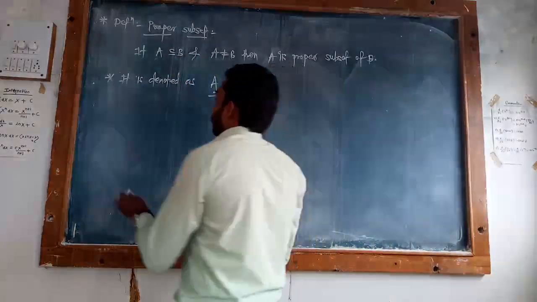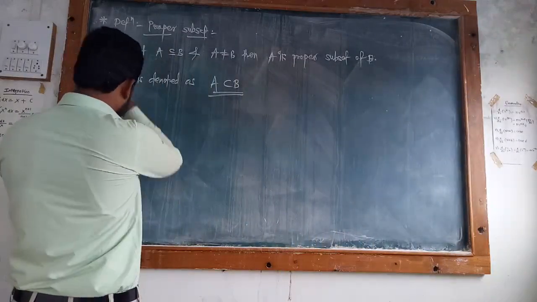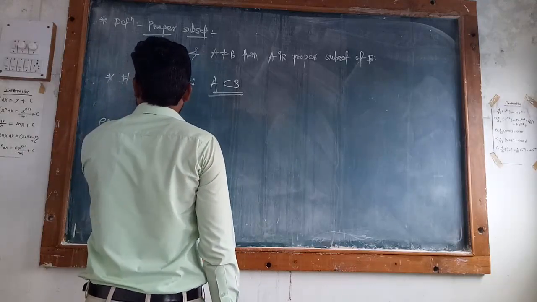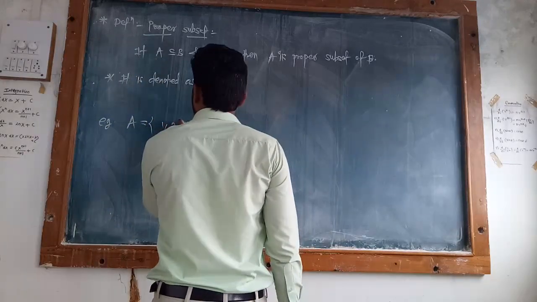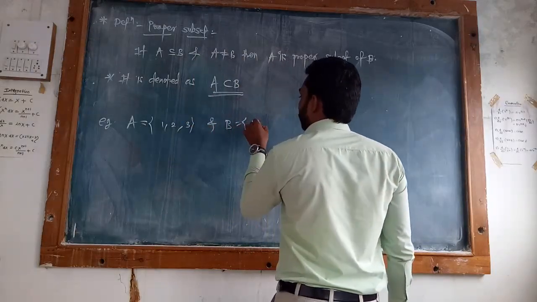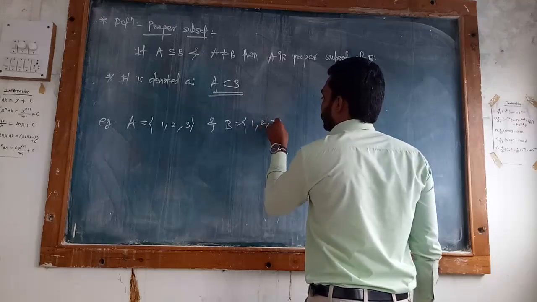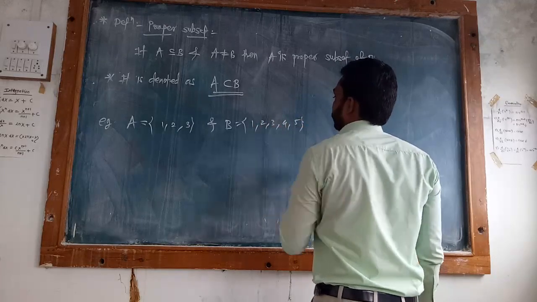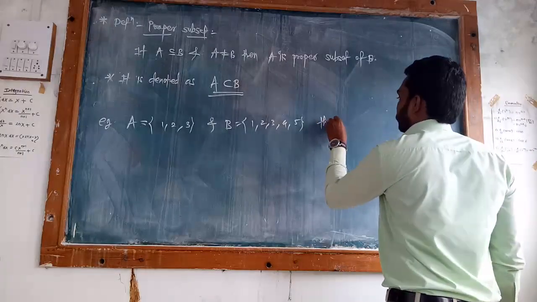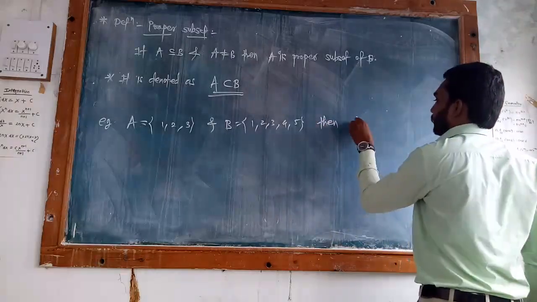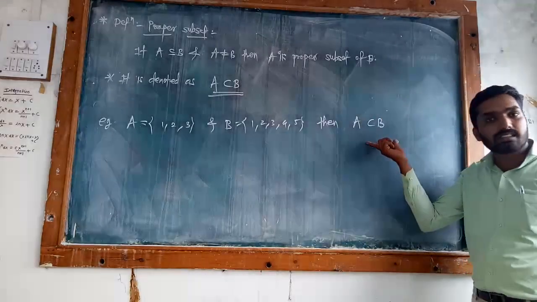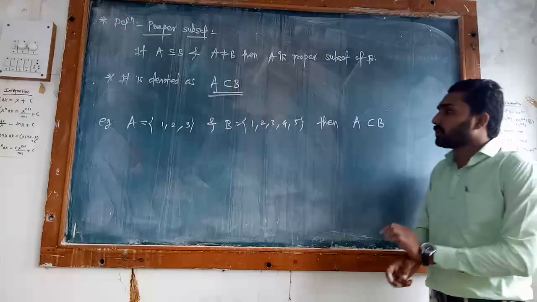Okay? So let me take an example. If set A is 1, 2, 3 and set B is 1, 2, 3, 4 and 5, then A is a proper subset of B. What is the proper subset?